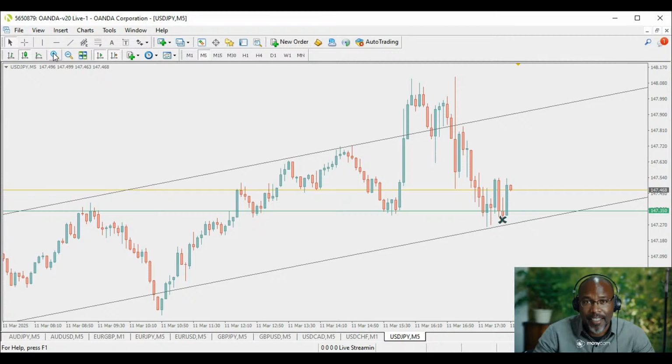The US dollar Japanese yen looks like it wants to turn north. But right now, price action is weak. And the 60-minute price flow is just slightly bearish. So this is still a no trade.